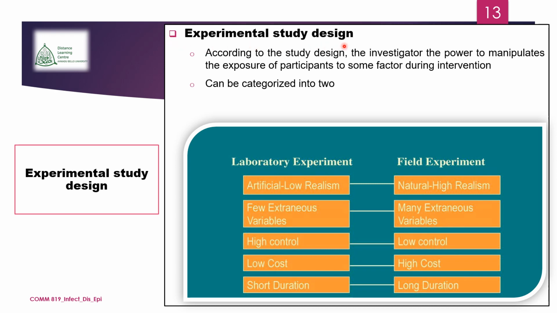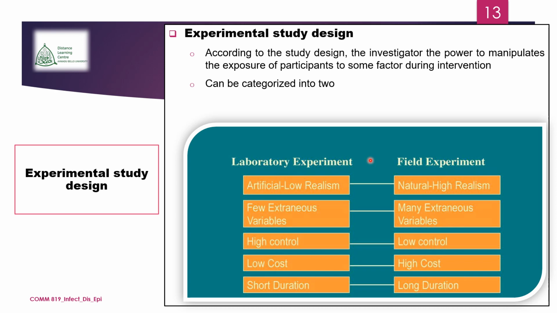So for the experimental study design, we said according to the study design, the investigator has the power to manipulate the exposure of participants to some factors during intervention. Okay, that is exactly what we stated earlier. And this experimental study design can be categorized into laboratory experiment or field experiment.